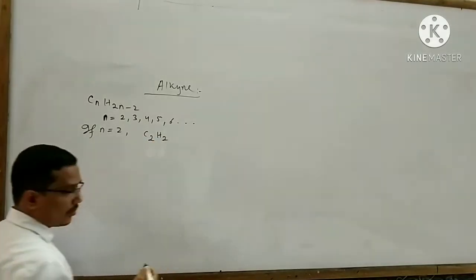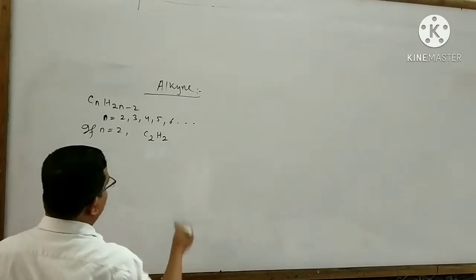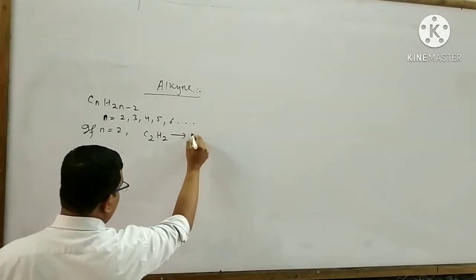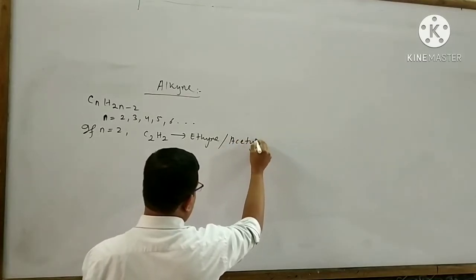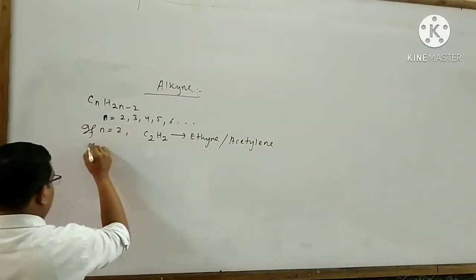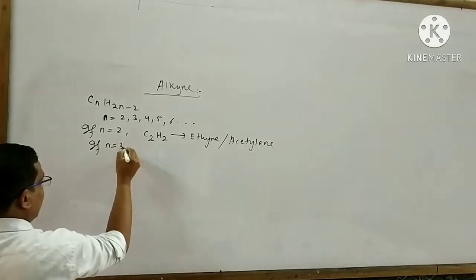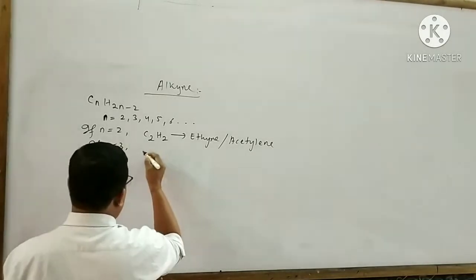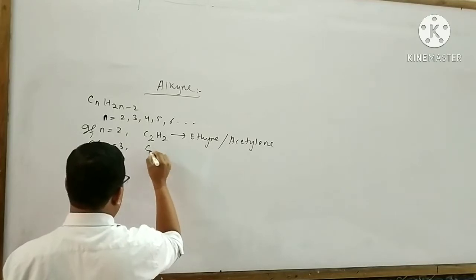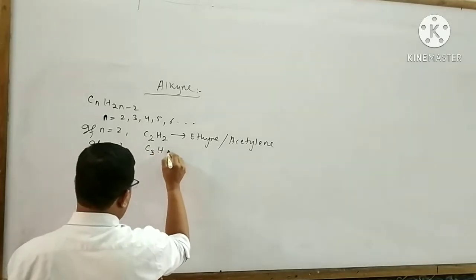The name of this alkyne is said to be ethyne. It is also called acetylene. If n equals 3, then we can find an alkyne, that is C3H4.